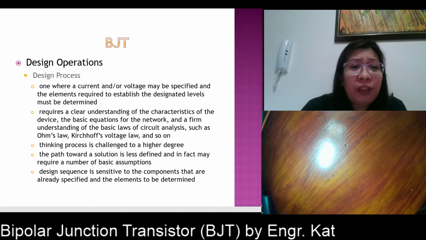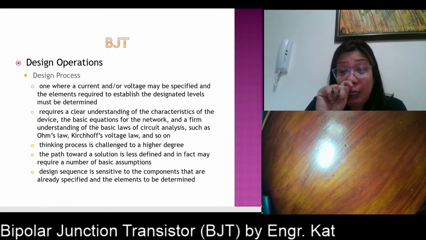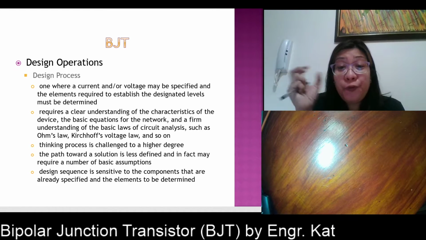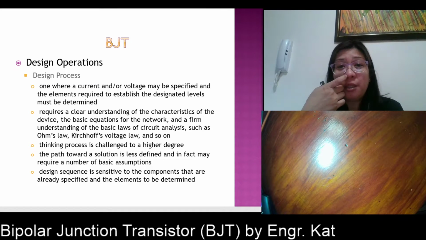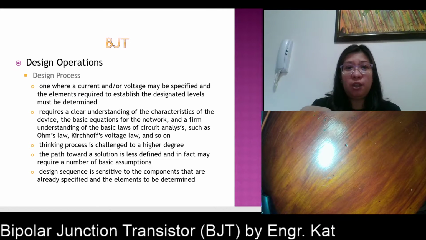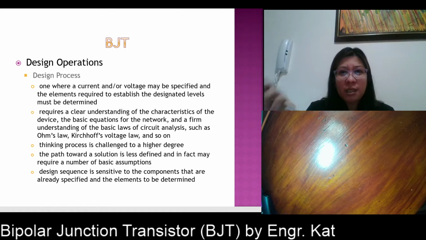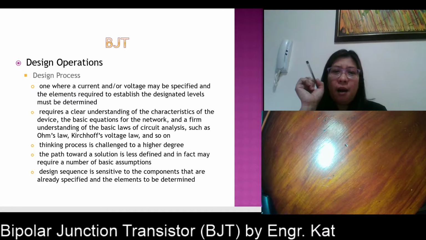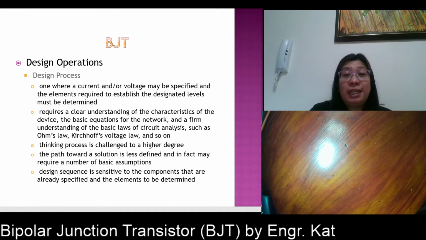Therefore, the path toward a solution is less defined. We do not know what to solve first. We are in fact constrained to what is given. From what is given, we will start to design our circuit from what is available in the circuit. It may require different basic assumptions, so we will be using assumptions so that we can perform this design process.